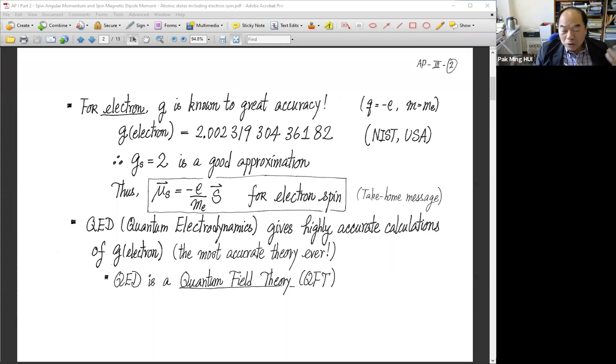His equation turns out to be a matrix equation of size 4 by 4. The mathematical structure cannot be smaller than that. That's what he found. If he wants a wave equation like Schrödinger's for the electron's wave function, the smallest mathematics involved is 4 by 4 matrices.